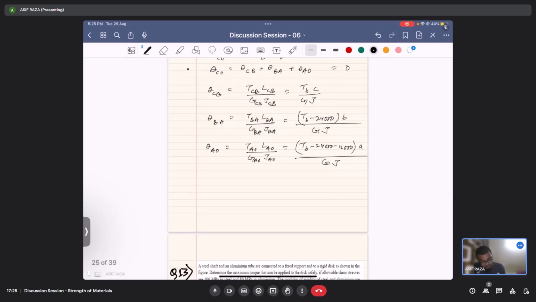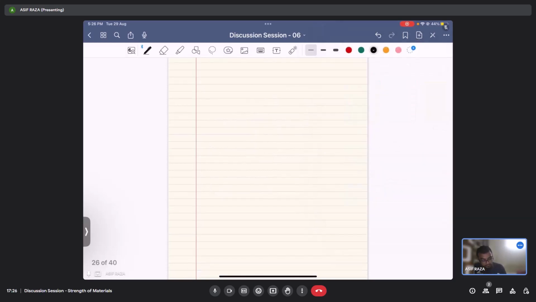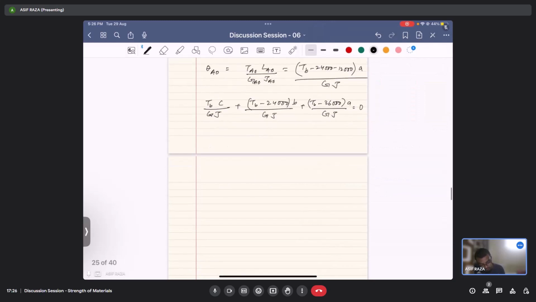Now substitute this in the above, we'll get TB C upon GJ plus TB minus 24,000 B upon GJ plus TB minus 36,000 A upon GJ equal to 0. So GJ is common, we can just remove it and we can simplify it.